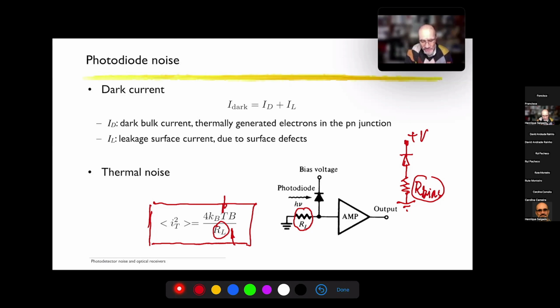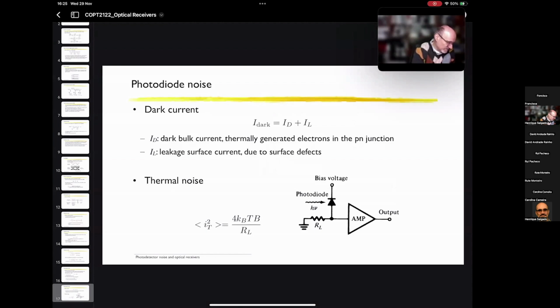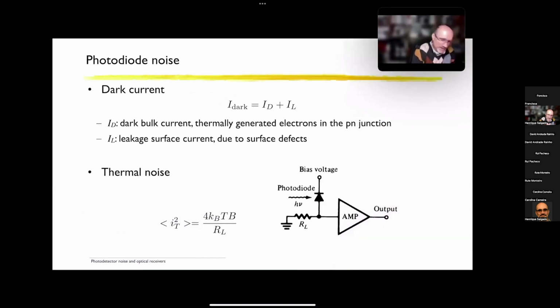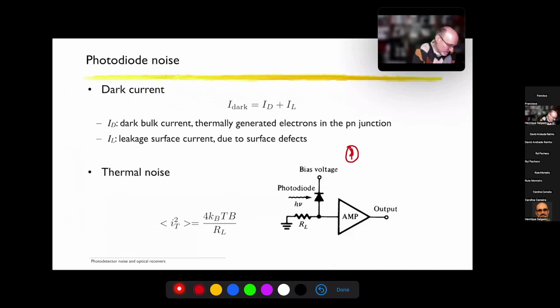So we may assume that in practice we might use a very large resistance to reduce the noise, but we have to remember that the equivalent circuit for the photodetector is a current source with a junction capacitance associated with the photodetector, with some series resistance and a parallel resistance corresponding to the bias resistance.